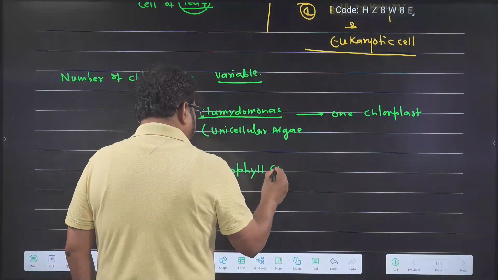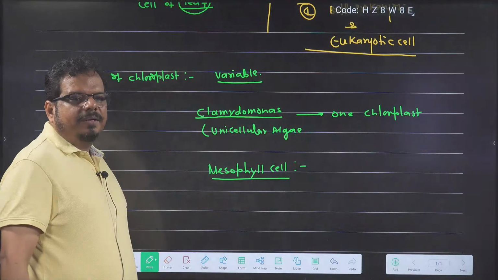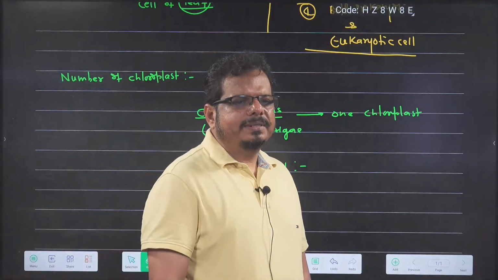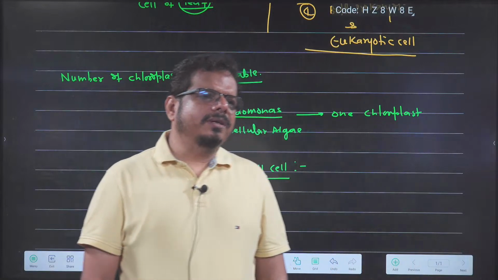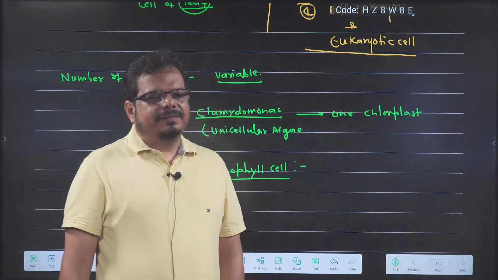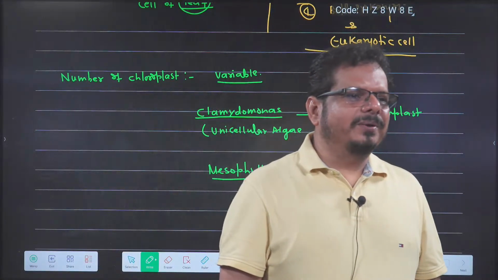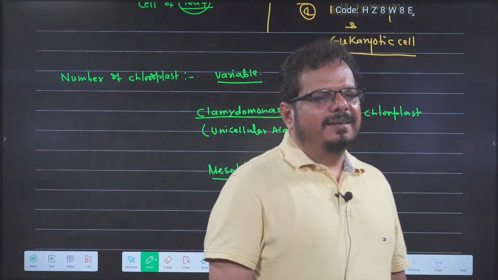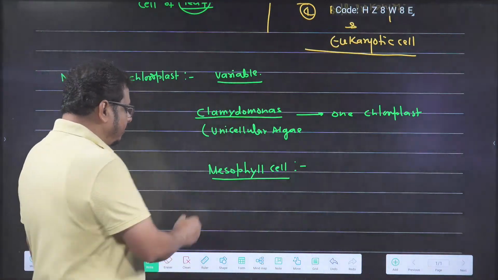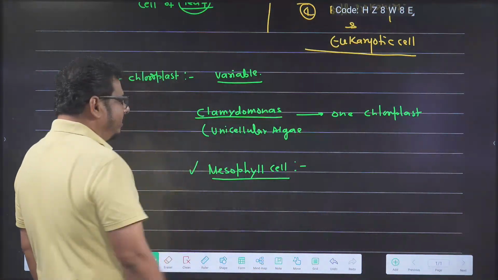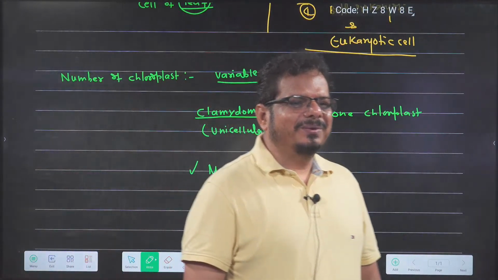How many chloroplasts are present in a mesophyll cell? Voice is not clear. It is for all. Open your NCERT and answer it. I just want to check whether NCERT is still there with you or not.